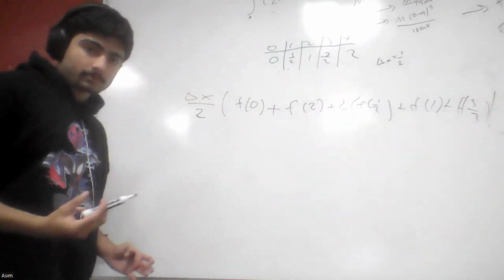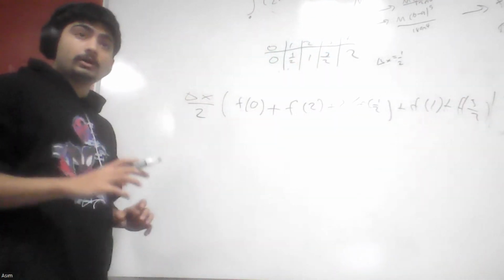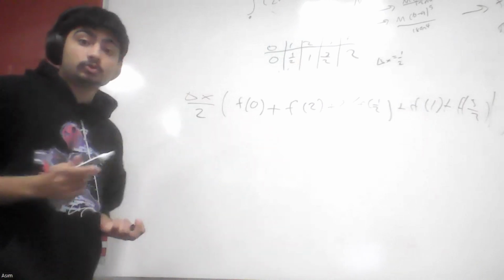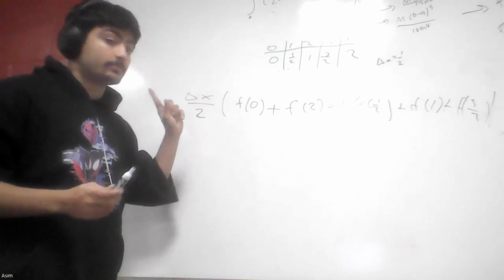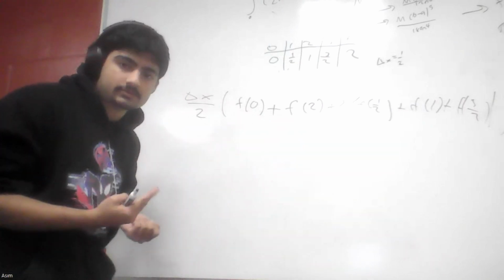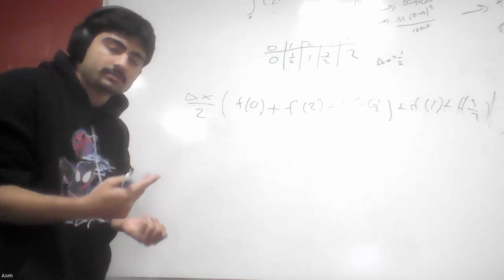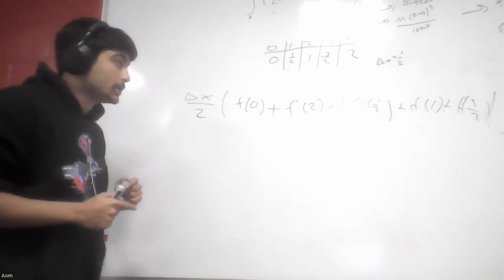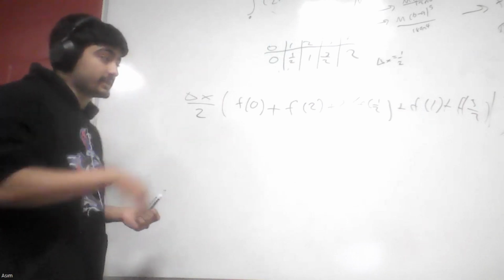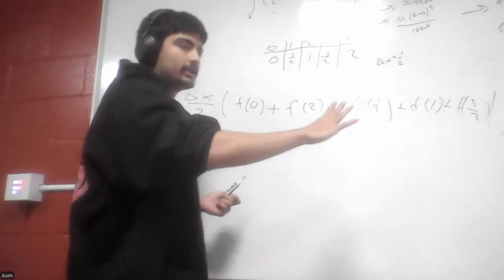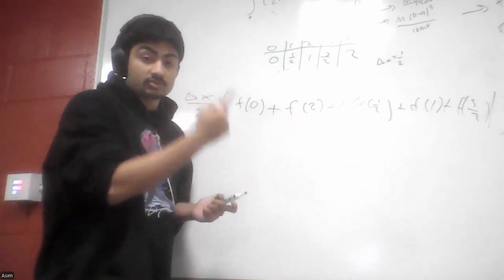Basically, in trapezoidal rule, because you're taking trapezoids, the first one and the last one you multiply once, but for the other numbers, you multiply twice. You're getting those numbers twice because of the geometric shape of the trapezoid. Therefore, this formula comes out to be the first one once, the last one once, and then you're adding everything else times 2.